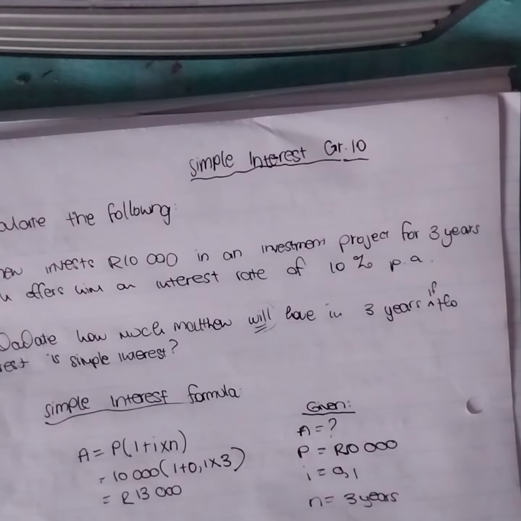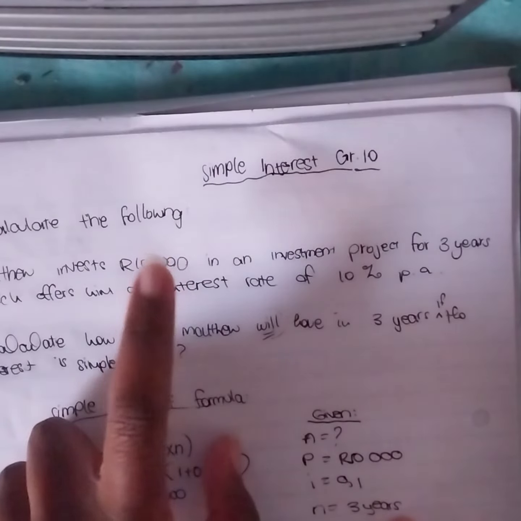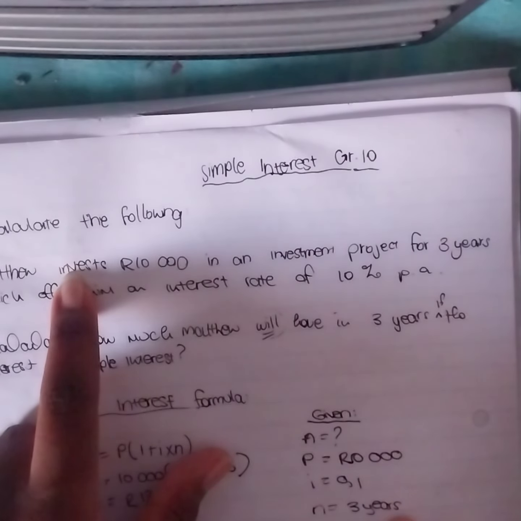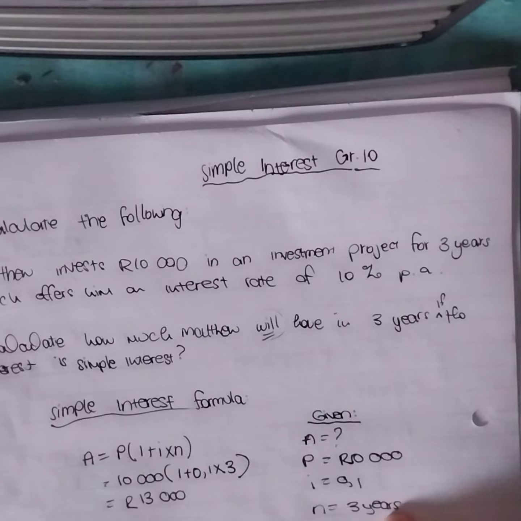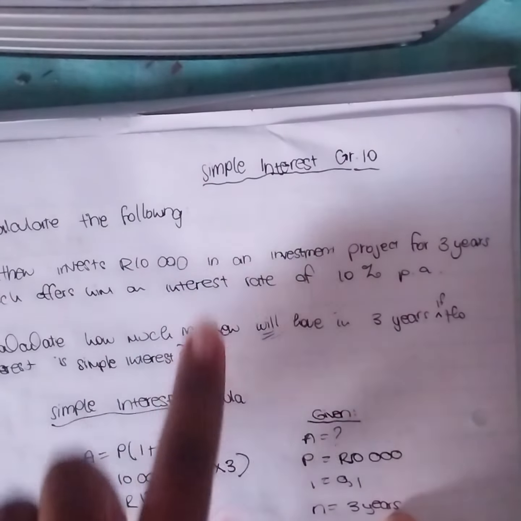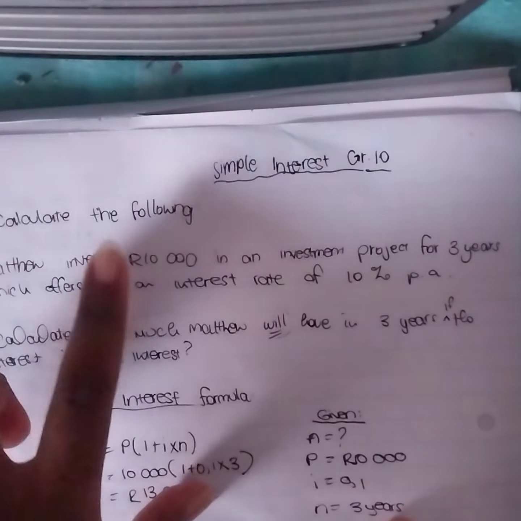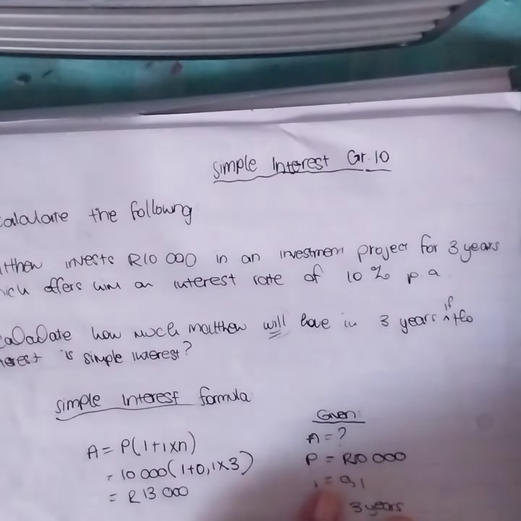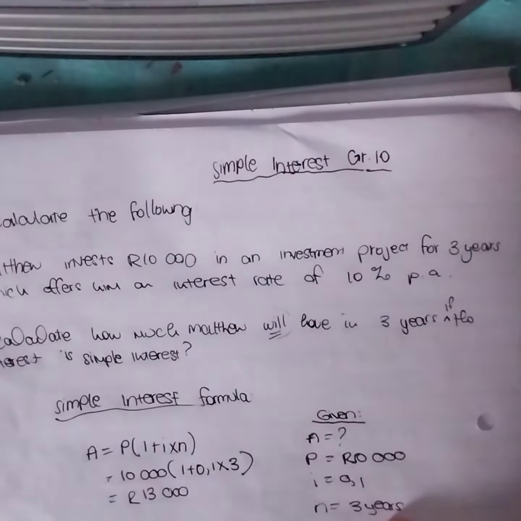I always do because it actually helps me identify where I go wrong. It says here, Matthew invests 10,000 Rand, and that is your present value. Invest is, of course, a verb in present tense. So you already have your principal value, your P, also called your present value. 10,000 Rand is already your P. 10% is your interest.